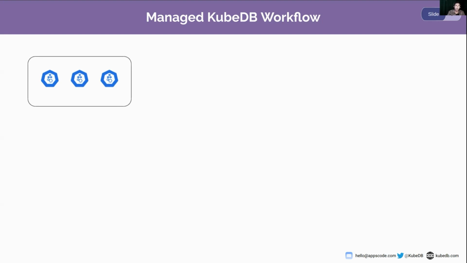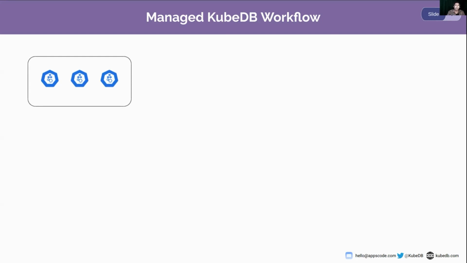And in the existing cluster, we will also install the necessary stuff like KubeDB, Stash, and other things that we need to make sure your database is up and running. Those are also installed in this node.